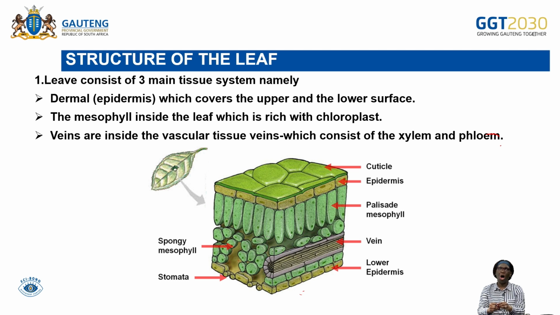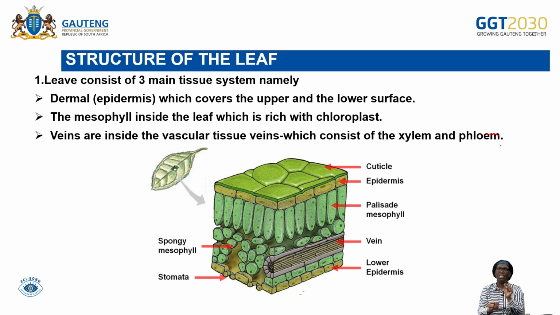There are also mesophyll cells inside the leaf, and these mesophyll cells contain chloroplasts. We have two types of mesophyll cells: the palisade mesophyll underneath the upper epidermis, and also the spongy mesophyll.